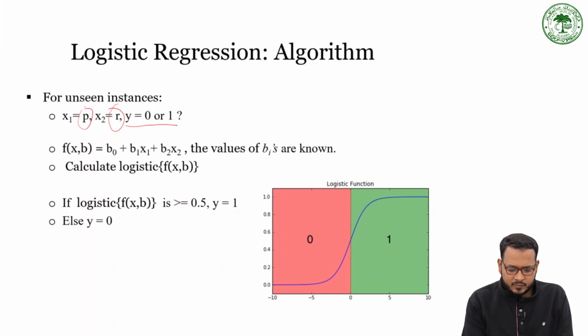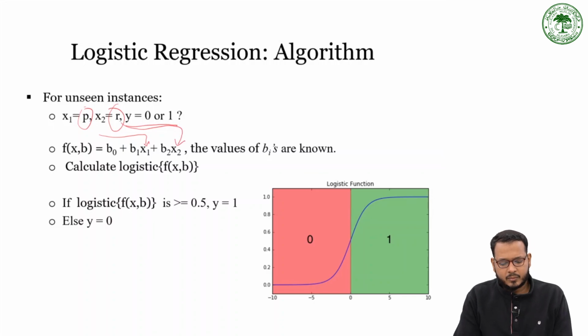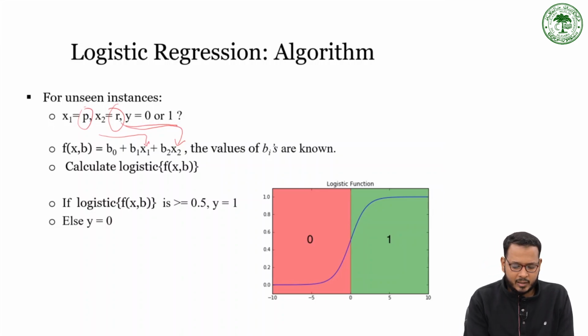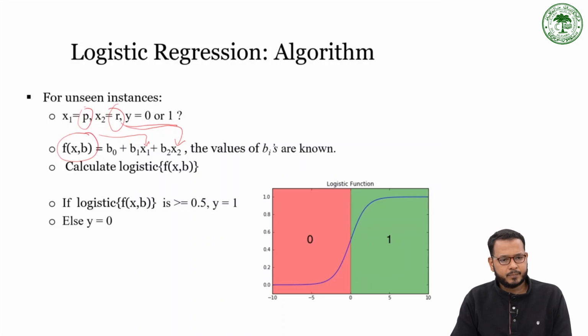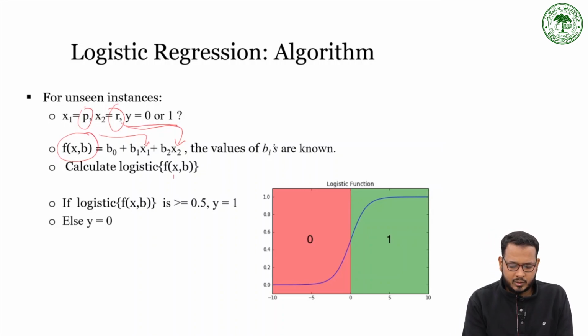So what we will do is put the value p in this expression and r also, and by now we already know the values of the bi's, in this case b0, b1 and b2. We will calculate the corresponding f(x) and then pass it to the logistic function.